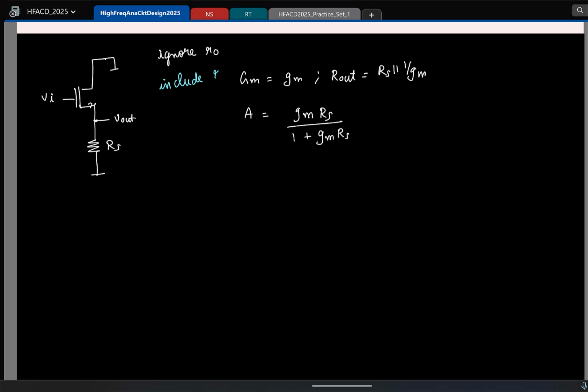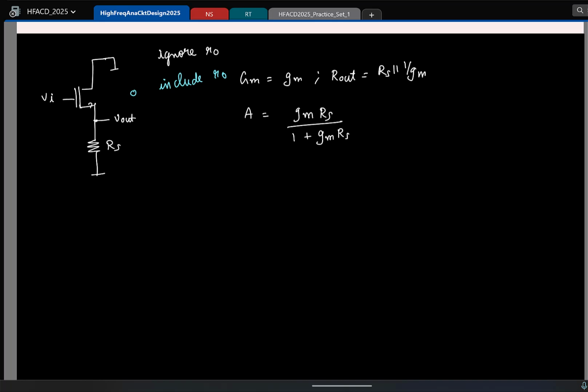Yeah, so what he's saying is if you include the effect of R naught, for short circuit Gm nothing changes. I'm going to short circuit this. R naught will be connected between two grounds, no change. Now when you try to find the output resistance, R naught is connected like this. So it is as though it is connected between the output and ground.